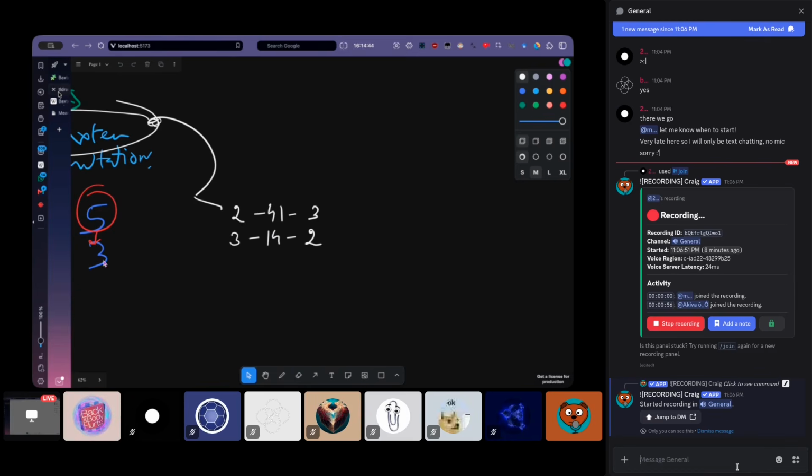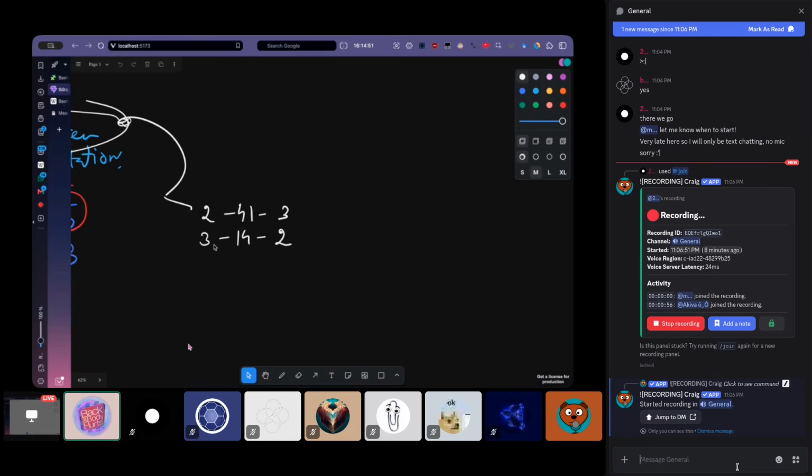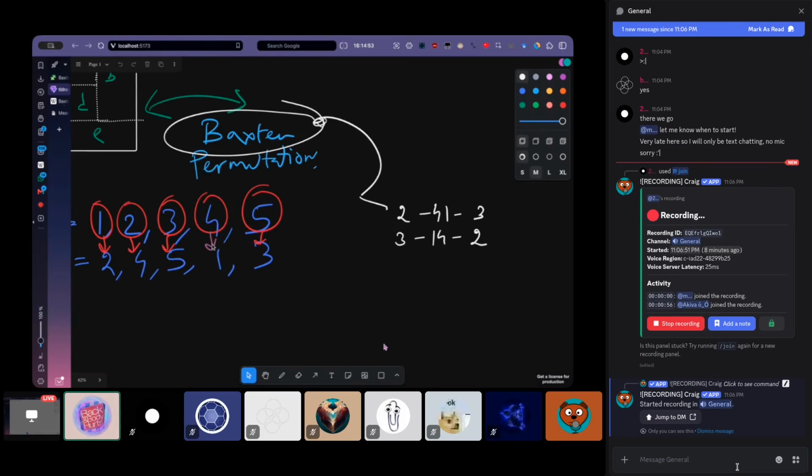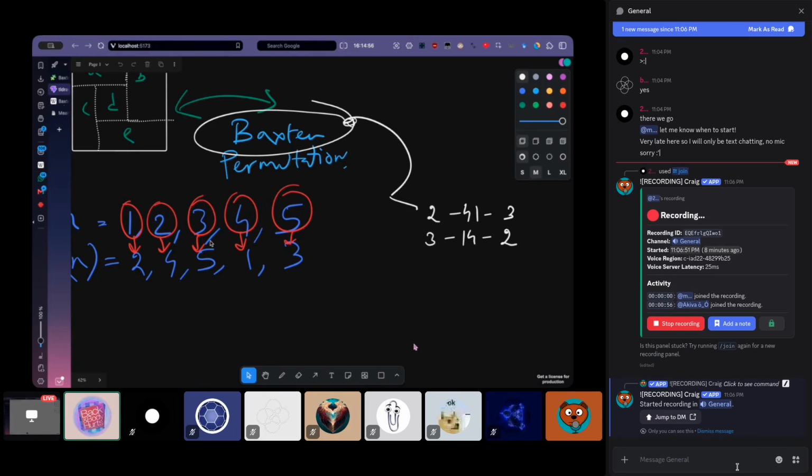Okay. So before we go into that, let's look at this particular permutation right here, this one where we go 2, 4, 5, 1, 3. So imagine we create a square grid of 1, 2, 3, 4, 5, and also 1, 2, 3, 4.